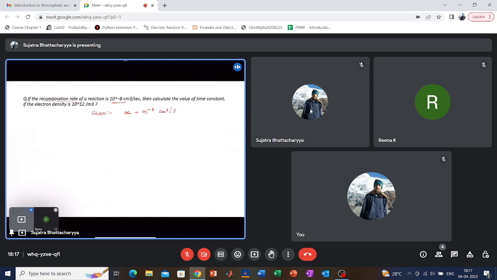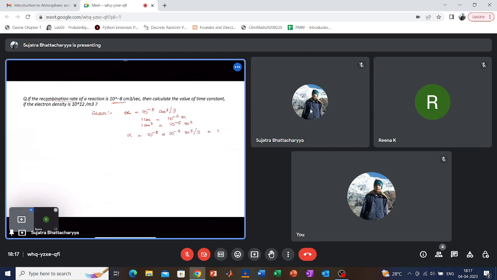Now, if I have to convert it into meter, then what will happen? See, with a simple conversion, 1 centimeter is 10 to the power minus 2 meter. Therefore, 1 centimeter cube will be 10 to the power minus 6 meter cube. Now just multiply by 10 to the power minus 6. So it's 10 to the power minus 8 into 10 to the power minus 6 meter cube per second.